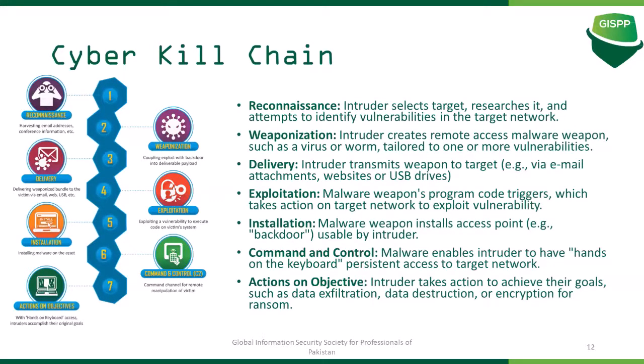Whenever an APT group or an attacker wants to attack your organization, first of all, they will do some reconnaissance activity in which they will go through multiple platforms, such as social media platforms. They will search for your employees' email IDs, other information, press releases. There can be a lot of ways they can recon and identify.